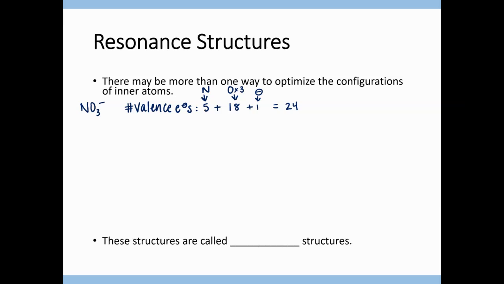Yeah, so nitrogen typically makes 3 bonds. Oxygen typically makes 2. So nitrogen is most stable with more bonds than oxygen. So we put the element that creates more bonds in the center. That way nitrogen can bond to all 3 of the oxygens. So nitrogen's in the center.